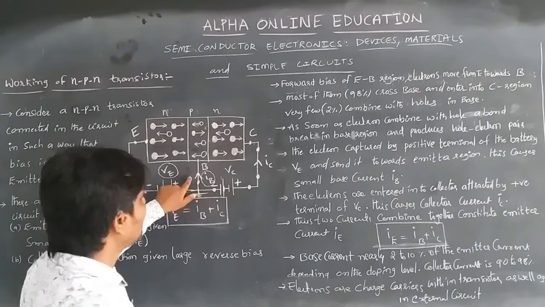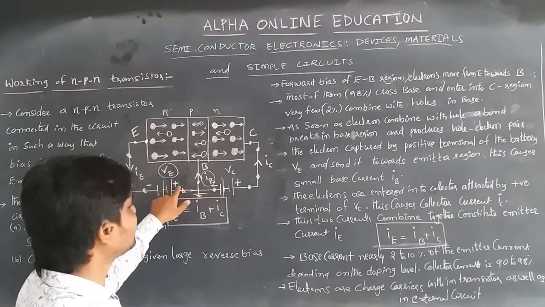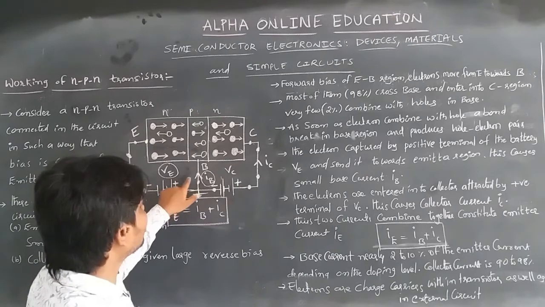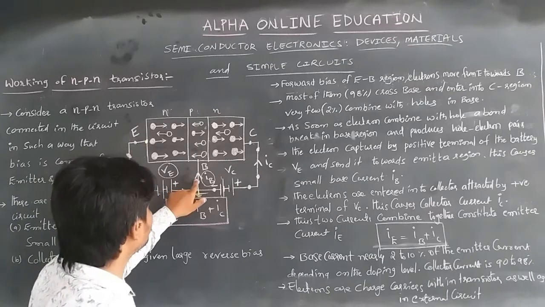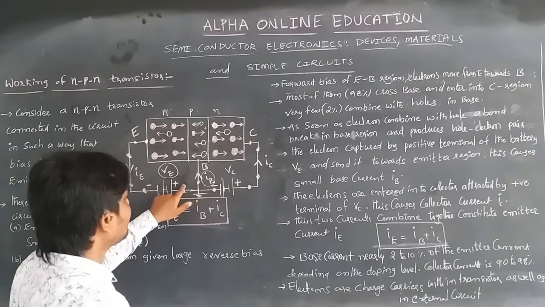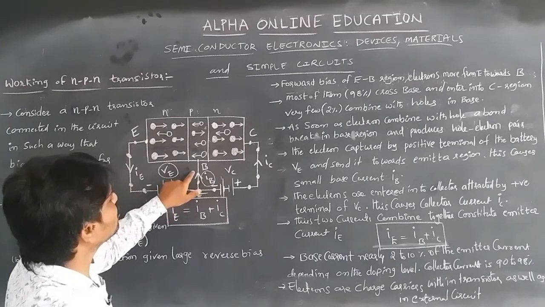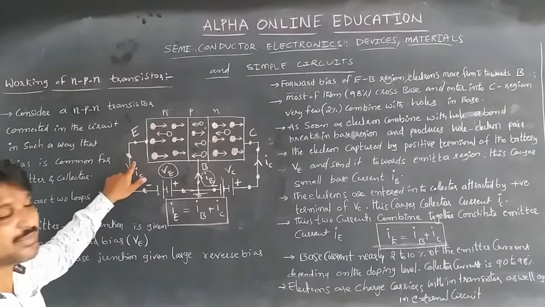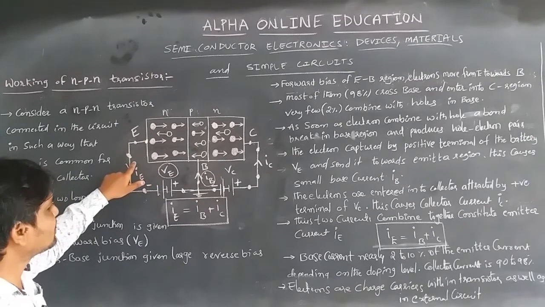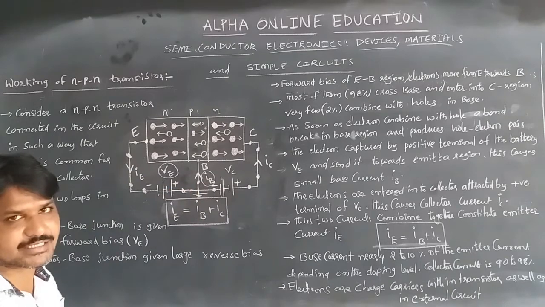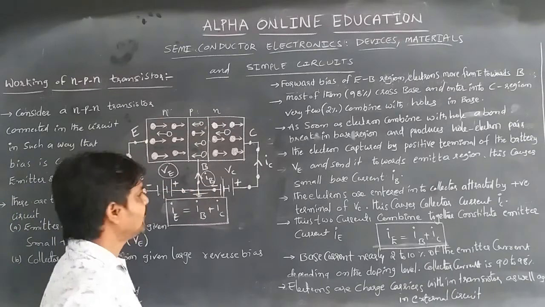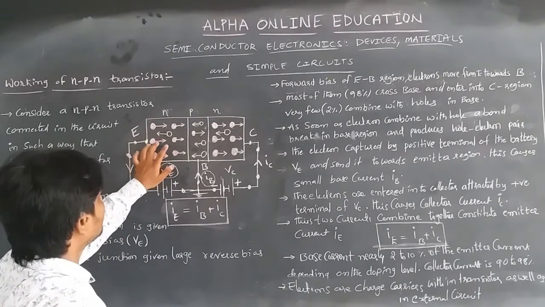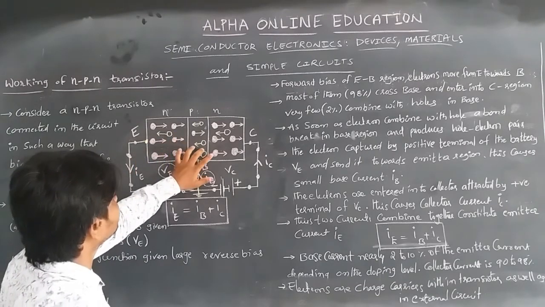The electrons are captured by the positive terminal of the battery VE and sent towards the emitter region. This causes the base current. Once again, when the emitter-base junction is forward biased, the electrons move towards the base.